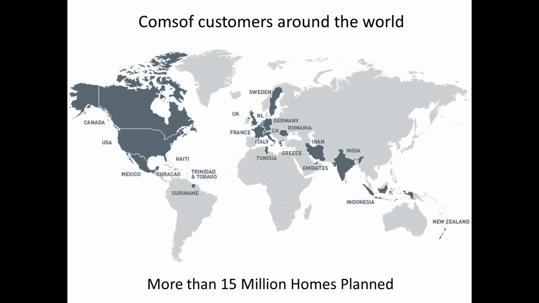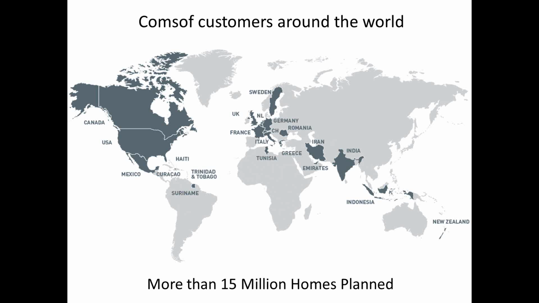We are a Belgian company, but we have customers around the world in more than 20 countries, and looking at the activities of our customers related to FiberPlanIT, we actually have our customers having planned more than 15 million homes worldwide already. So this is, I think, a very nice set of references.